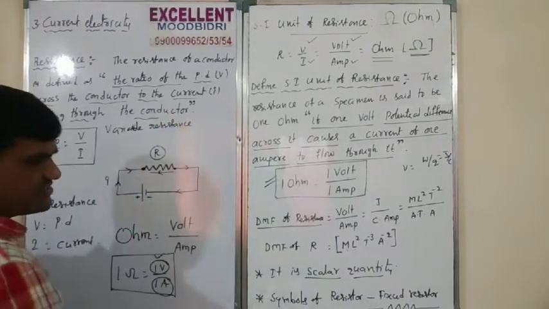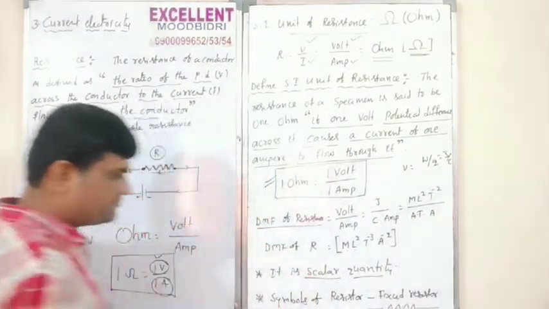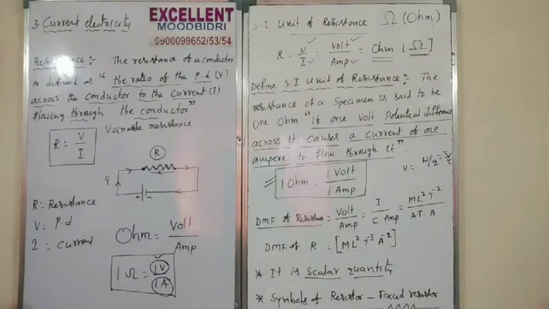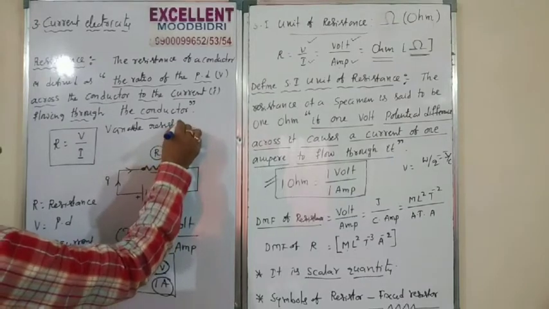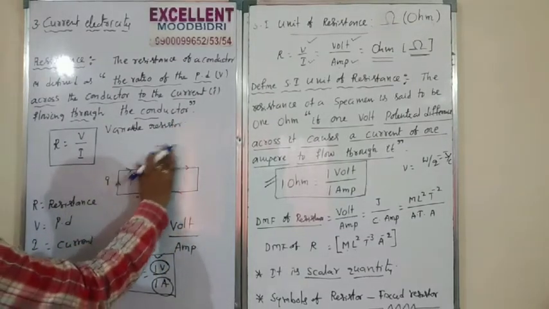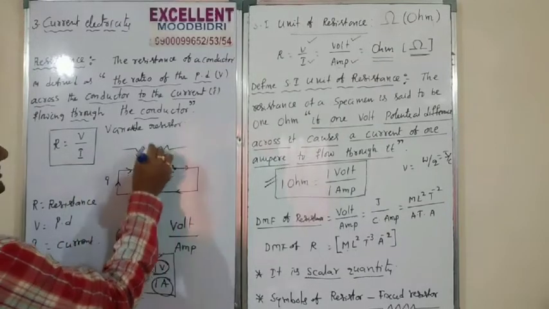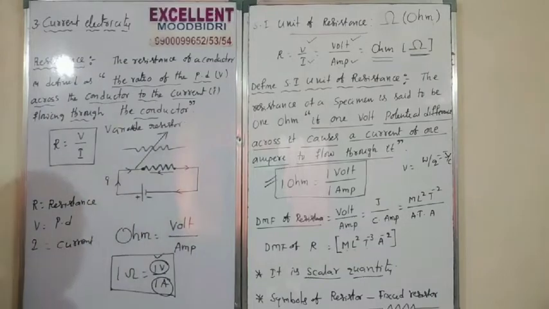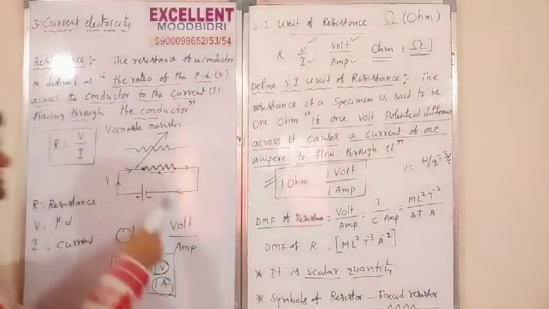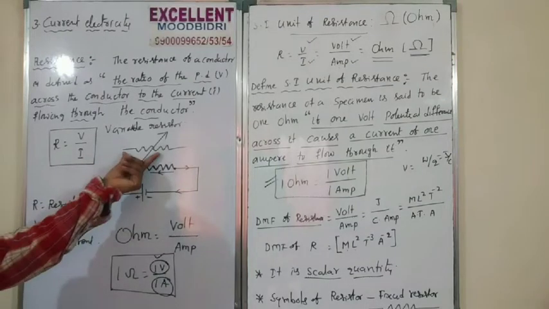This is the fixed resistor symbol. Similarly, variable resistor. Just very very simple. So that is the rheostat. This is the variable resistor. We can represent like that.